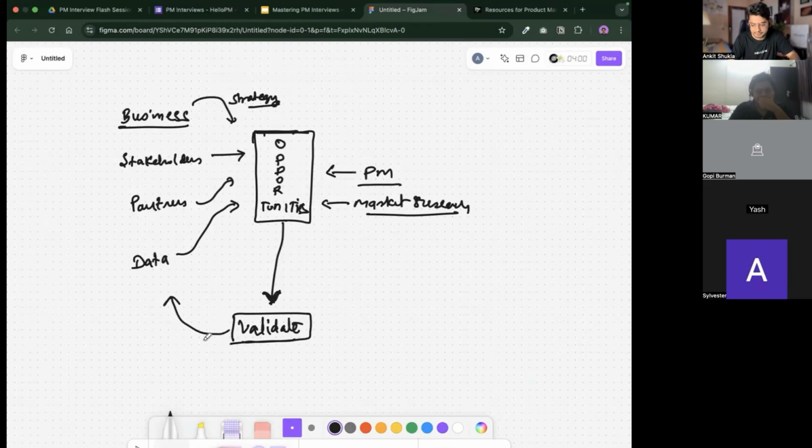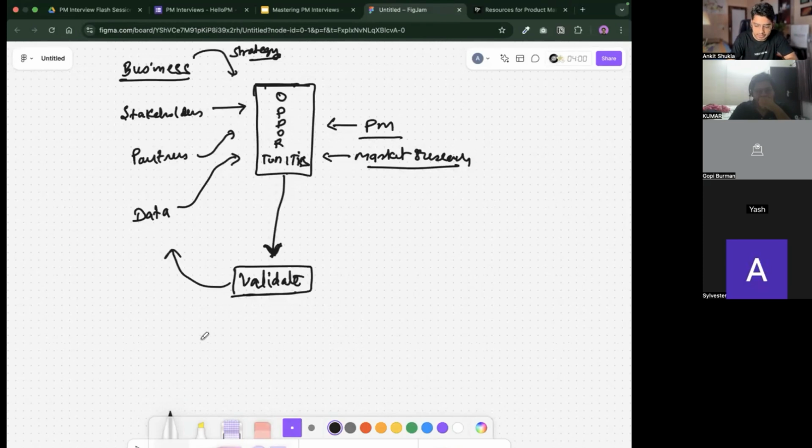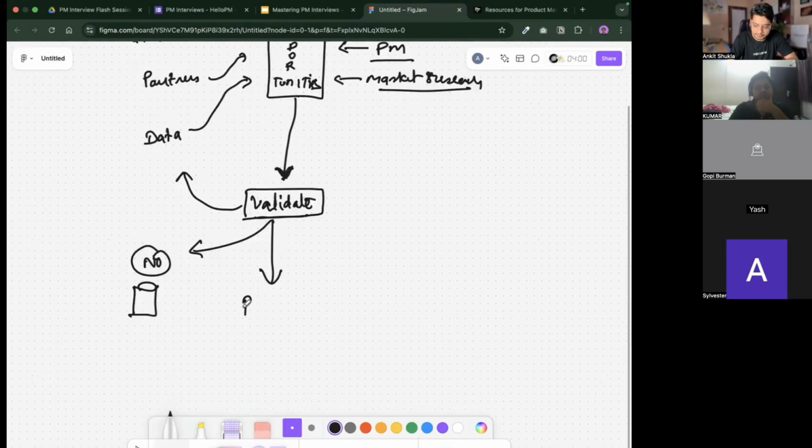After this, the opportunities which are not validated are going to end up in the dustbin, while the other opportunities are going to be prioritized further.